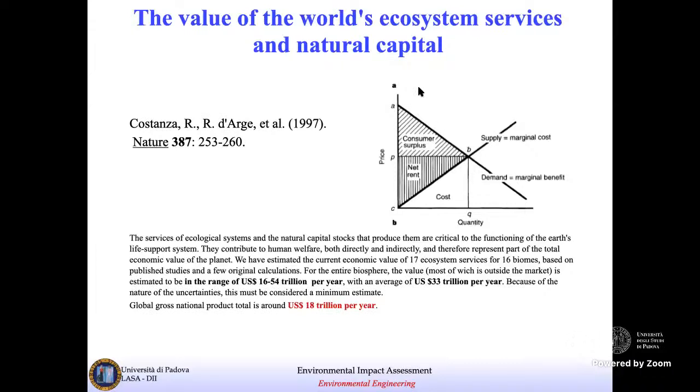The value of natural capital was in the range between 16 to 54 trillion dollars per year, and the global gross national product total is around 18 trillion per year. So by the estimation of Bob Costanza and co-authors, it was estimated that the value of the services produced by nature is worth around 18 trillion US dollars per year.